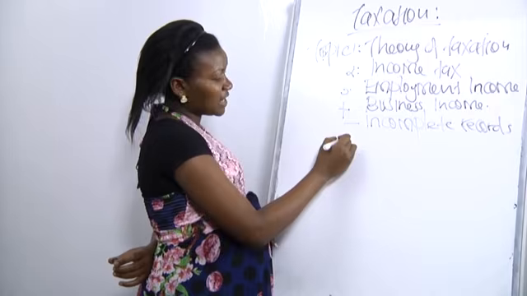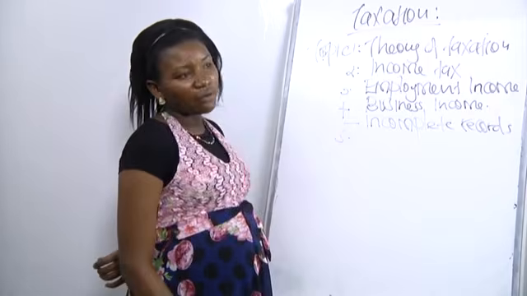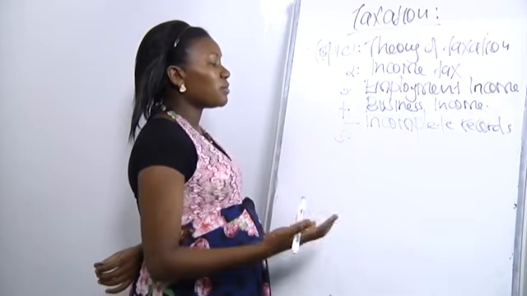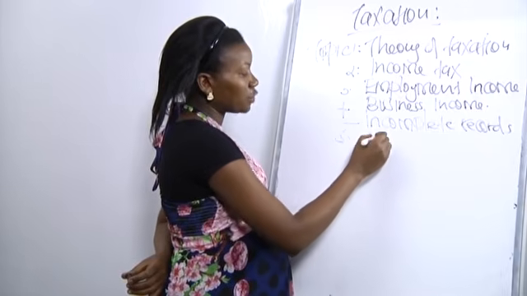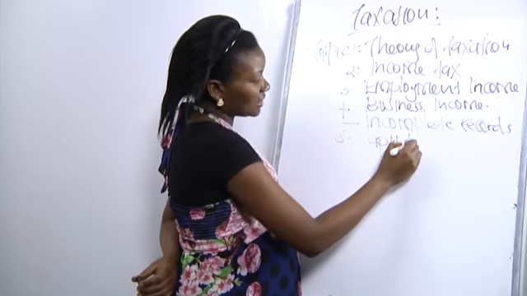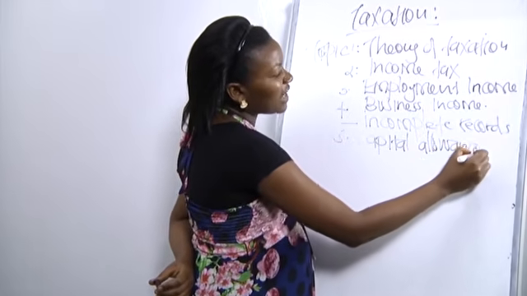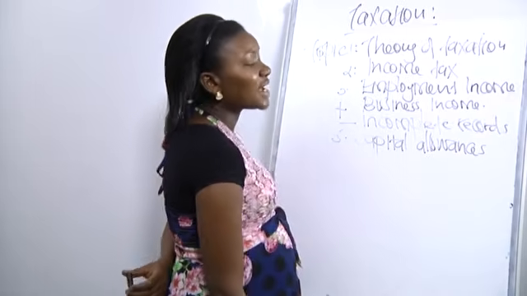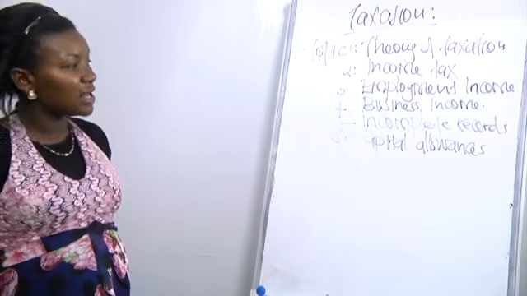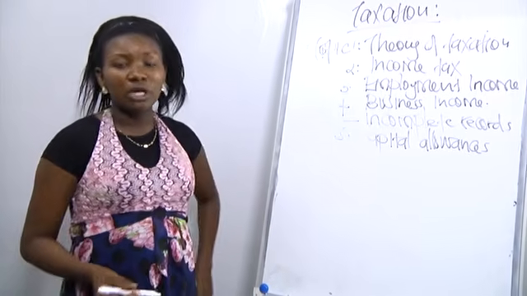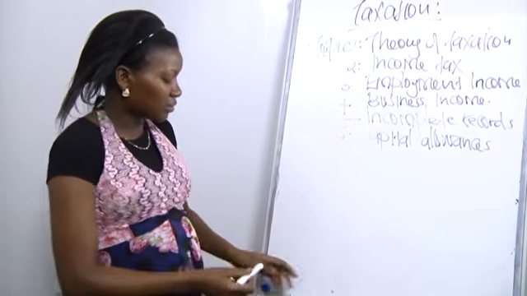After the business income, topic number 5, we are going to cover capital allowances. These capital allowances, deductions, they are given to each and every taxpayer who incurs capital expenditures, and they reduce your taxable income at the end of the year.